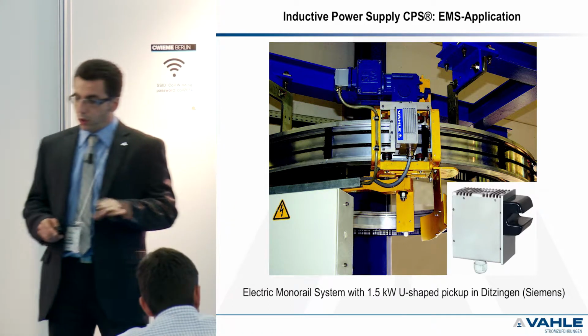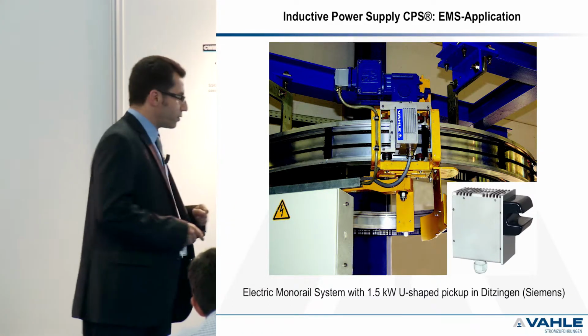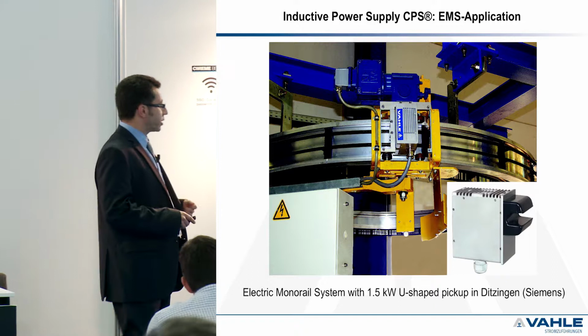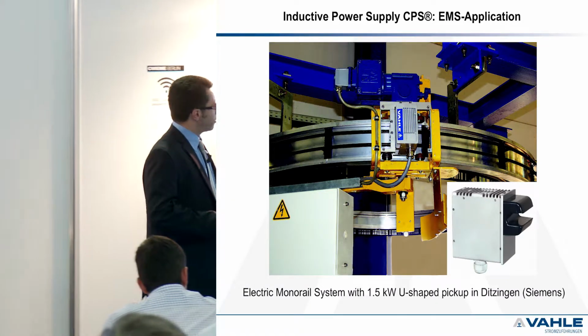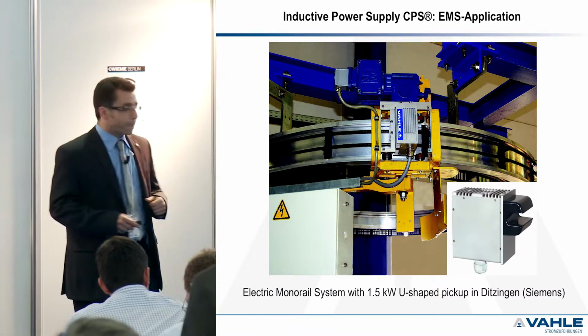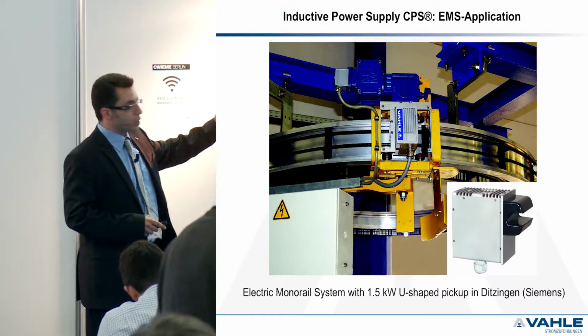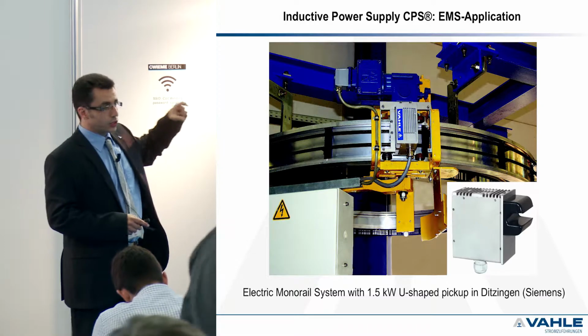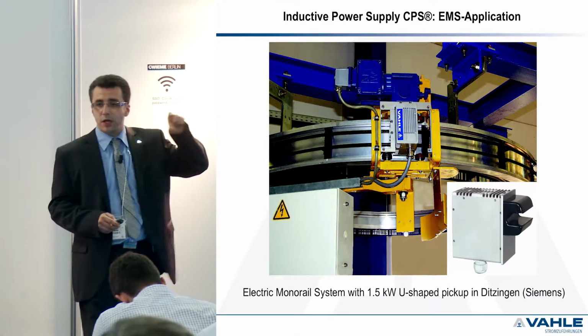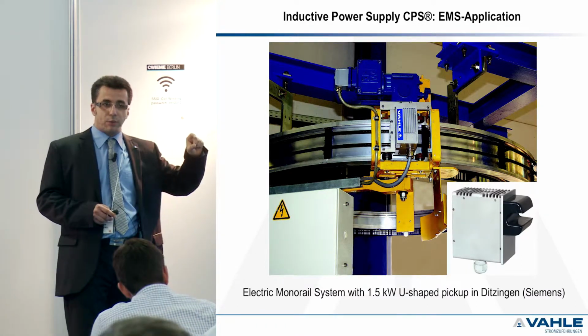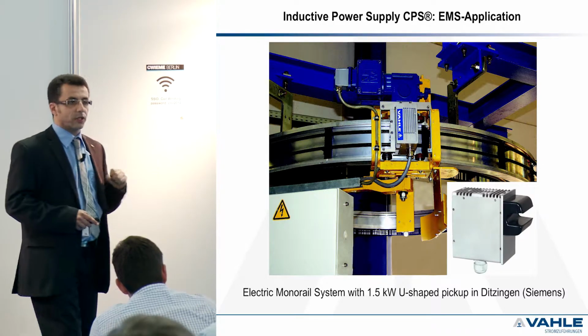For lower powers, you may have monorail systems, electric monorail systems for 1.5 kilowatt. This is a very small pickup, right? It's because it is a U-shaped pickup. It just surrounds the cable so that you have a very good coupling, and then the power density is quite high.